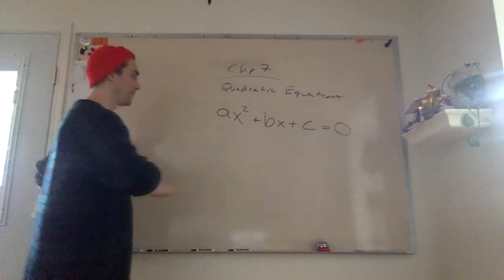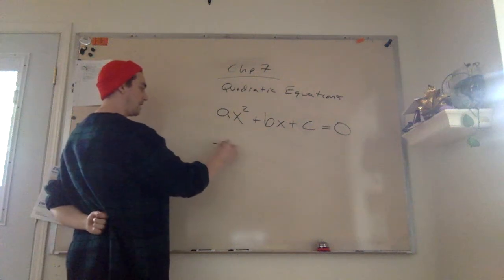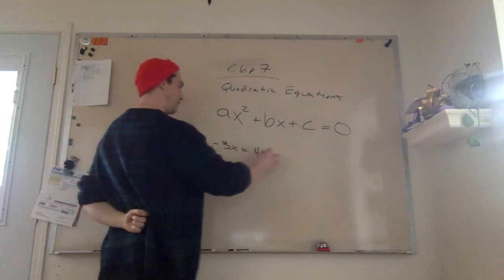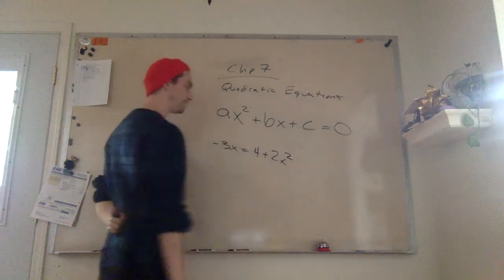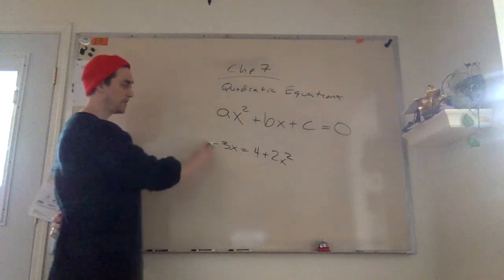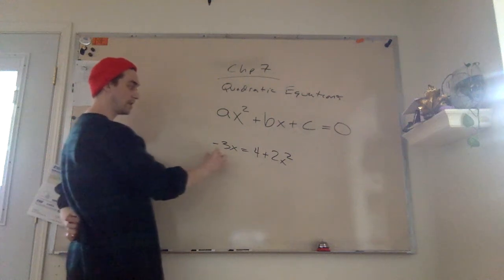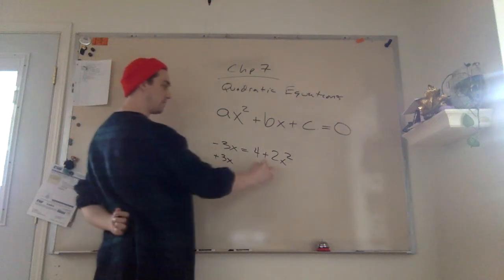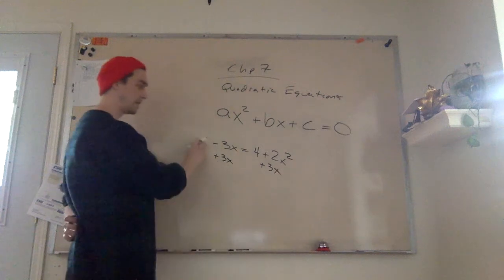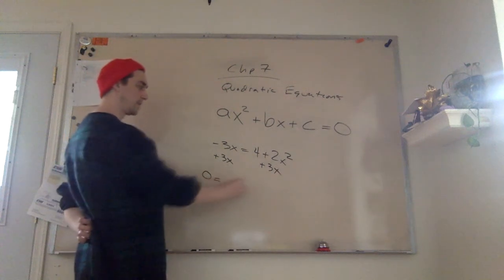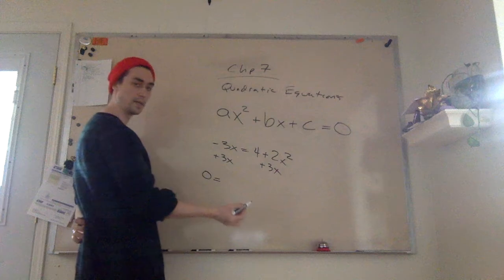For example, let's say you had something like negative 3x equals 4 plus 2x squared. This does not look like the form, but I can, if I wanted to, add 3x to both sides. Negative 3x plus 3x is 0. And then I could rearrange this and write it in descending order.